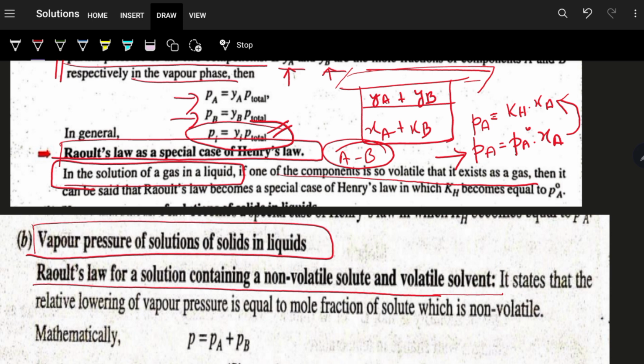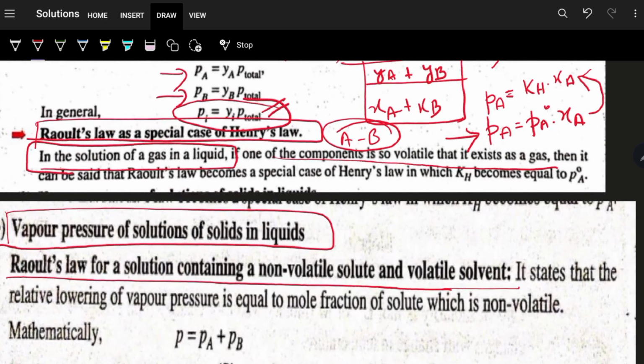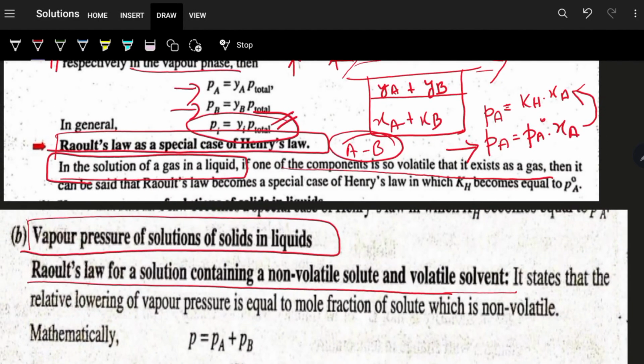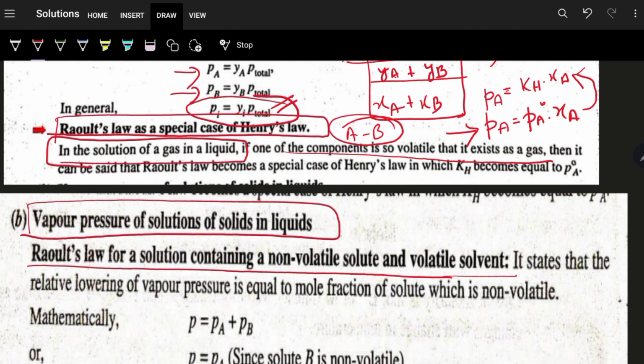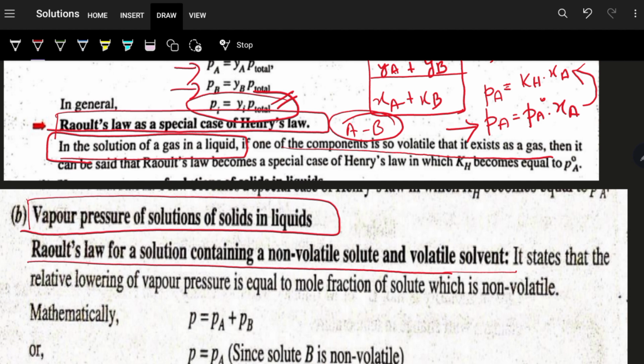For a solution where you are explaining Raoult's law, if the component has so much volatility that it almost exists as a gas, then Raoult's law becomes a special case of Henry's law. Then you can compare PA naught to KH and they will be almost the same.